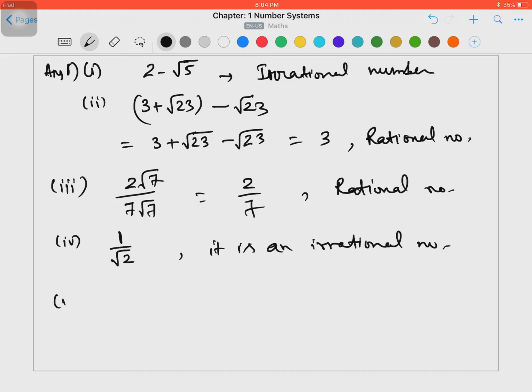Okay, last one, we have 2 pi, and we know pi is an irrational number, so whatever multiplies pi will again result in an irrational number. So that's the answer of question number 1: first, fourth and fifth are irrational, and second and third are rational numbers.